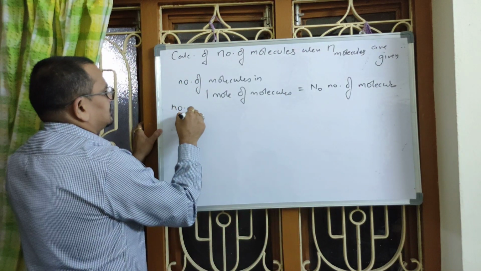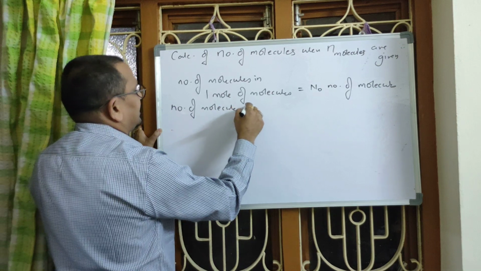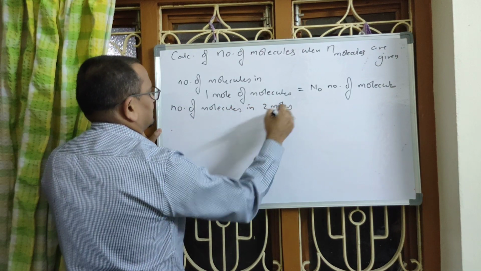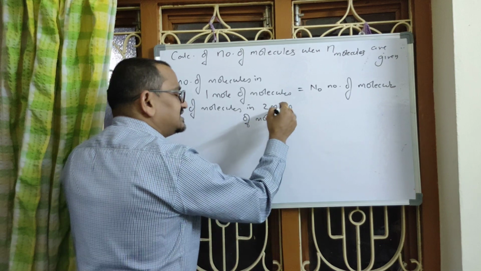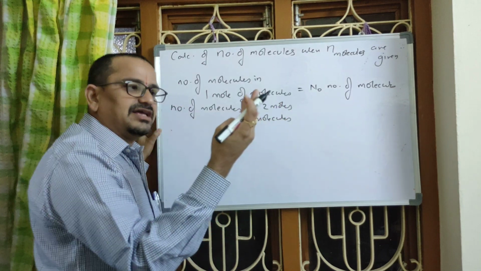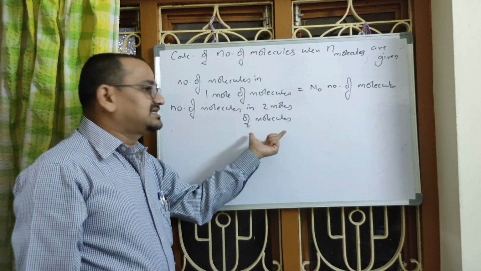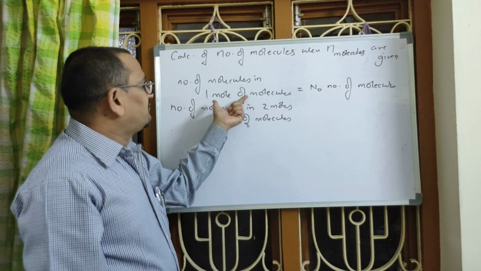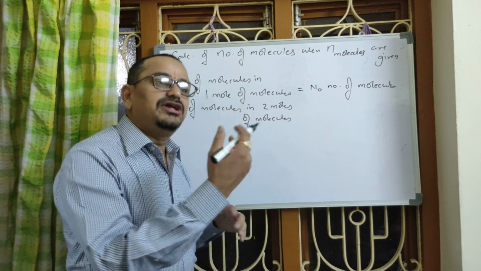Number of molecules in 2 moles of molecules. We can use this mole term for atom, ion, molecule, anything. Now we are applying for molecules. 2 moles of molecules. 1 mole of molecule has Avogadro number. 2 moles of molecule has 2 into Avogadro number.